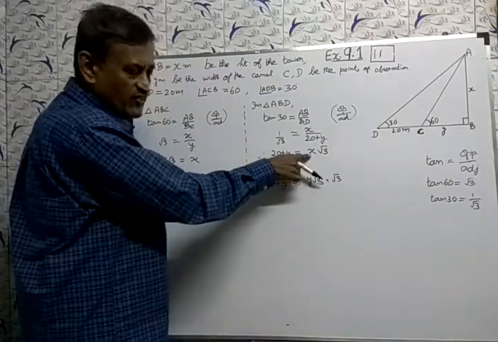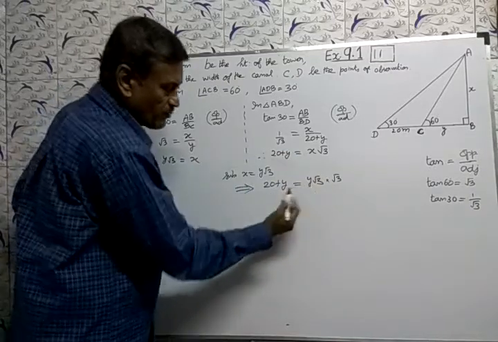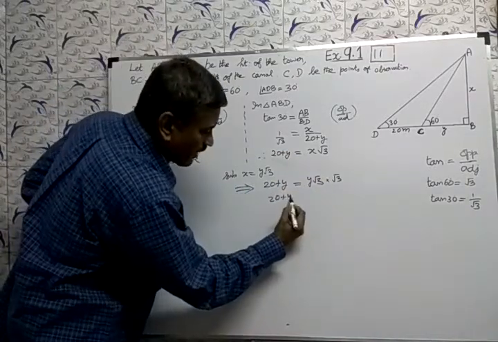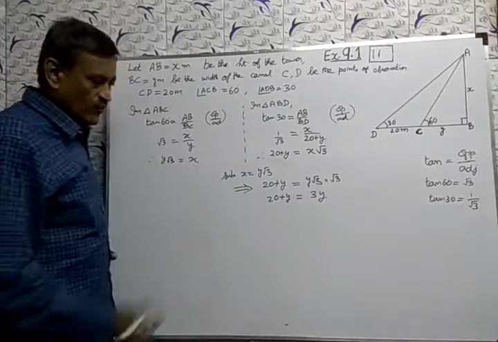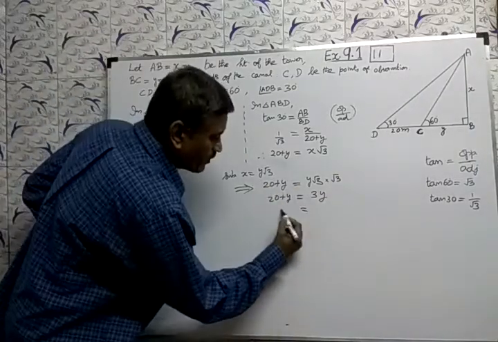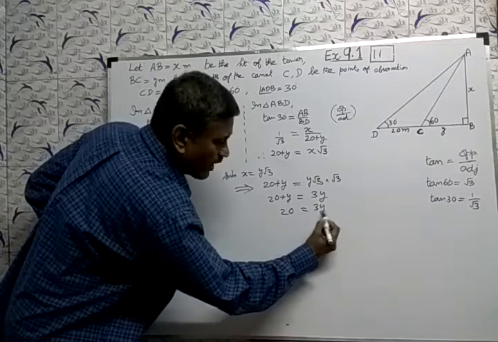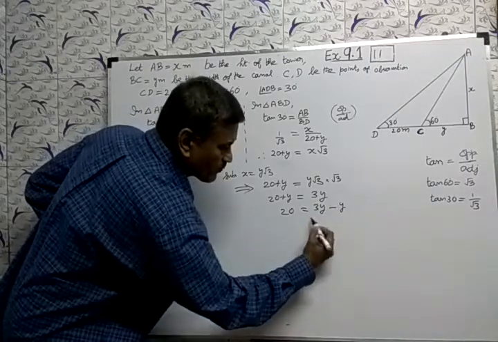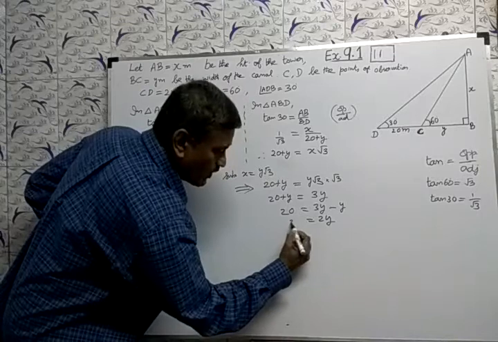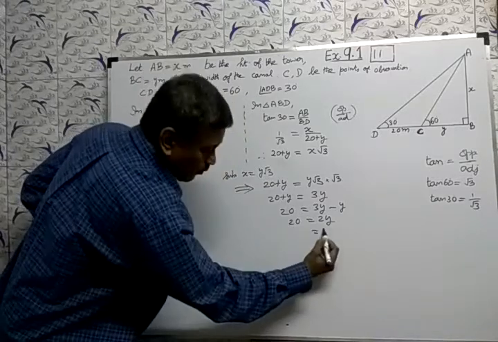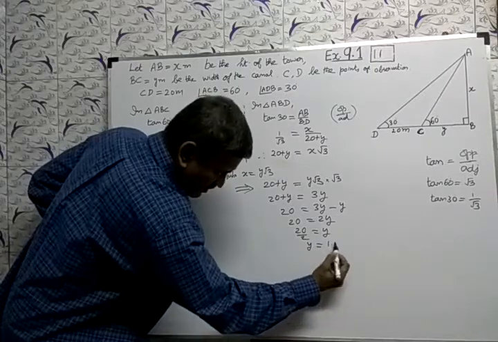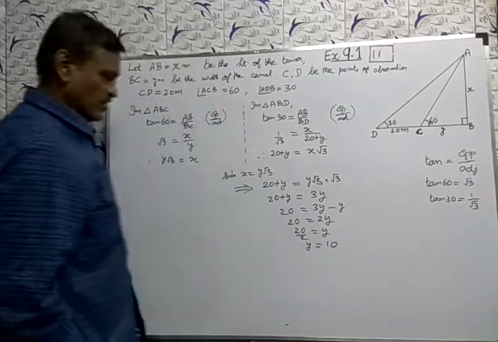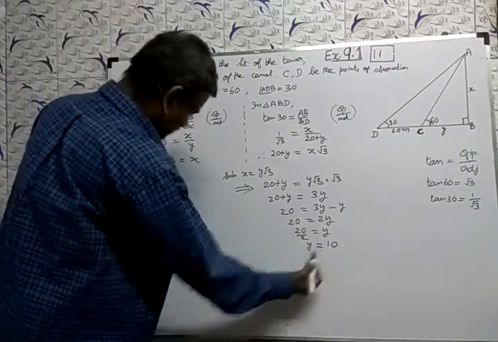Root 3 into root 3 is 3, so 20 plus y is equal to 3y. Then 20 is equal to 3y minus y, so 2y equals 20, y equals 20 by 2. We got y equal to 10.